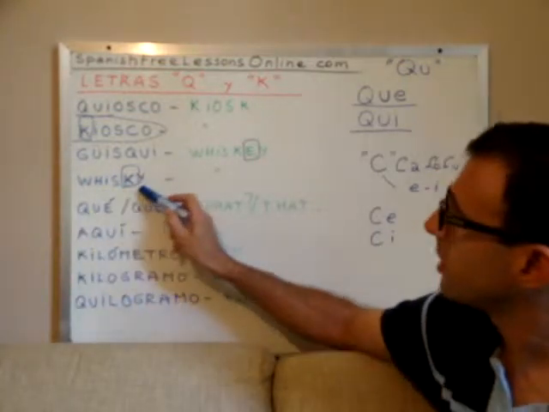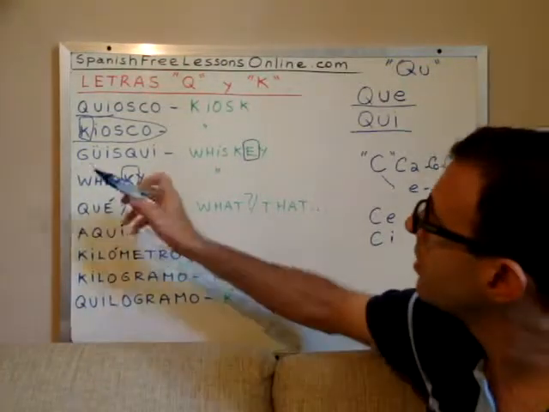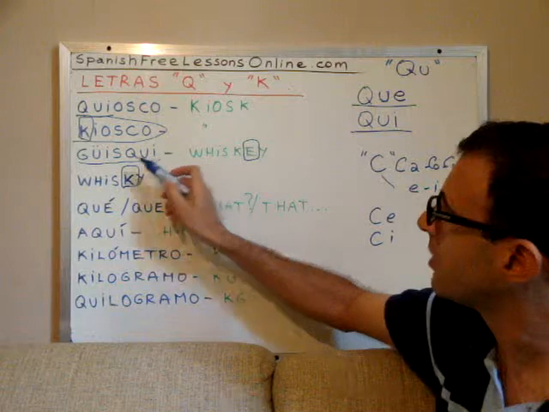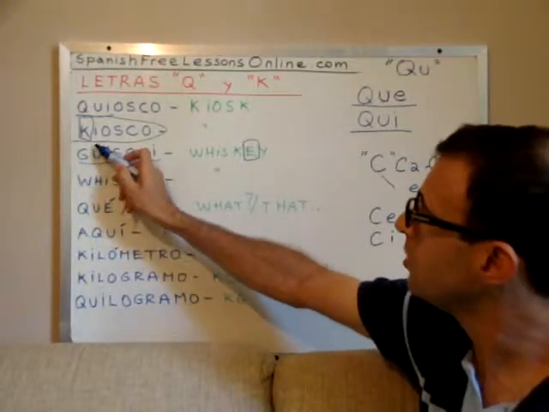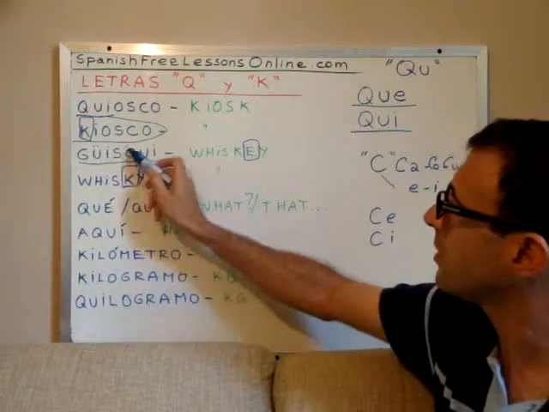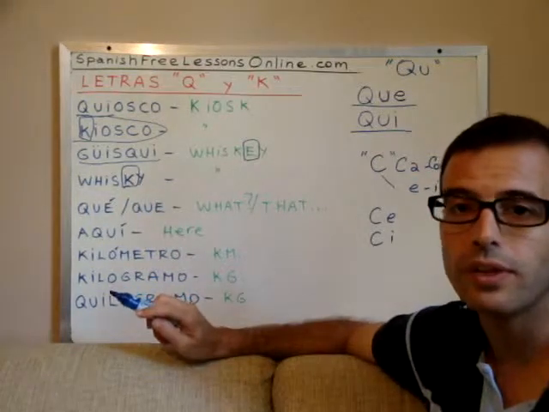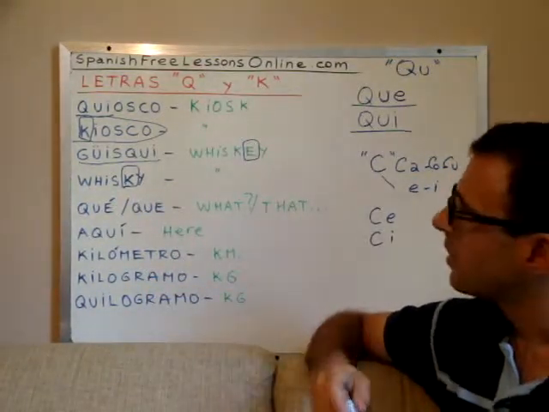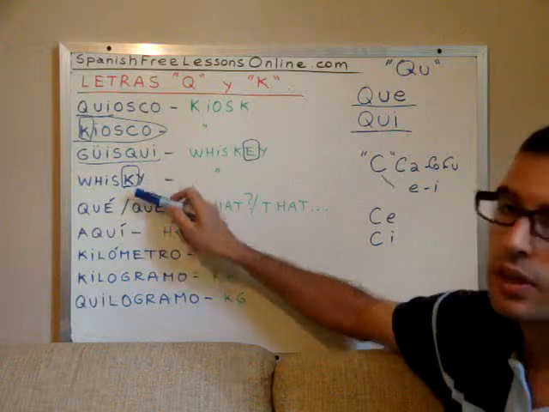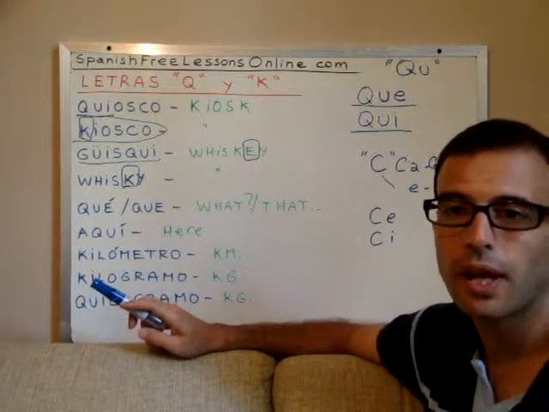Whisky. Now it's also written güisqui, with G, U, diéresis, I, S, Q, U, I. Güisqui. However, whisky is still used, accepted, and correct.